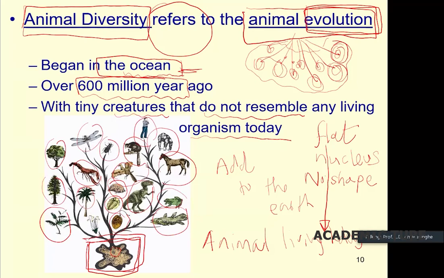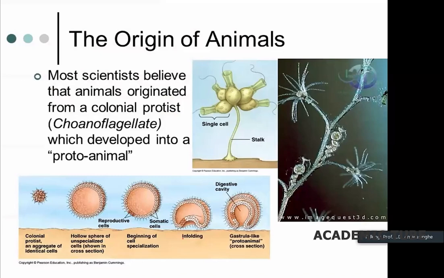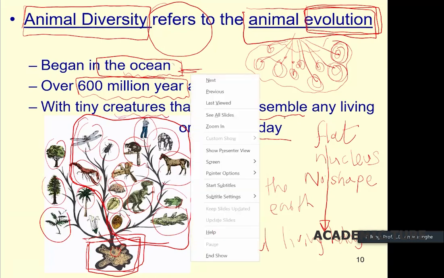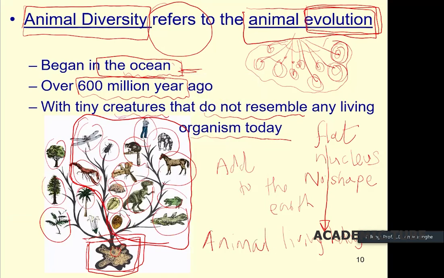Okay, this is how the evolution went. Animal evolution, part of the whole evolution, originated from the ocean 600 million years ago from a creature that does not resemble any living organism today, which included the ancestors of plants and animals living today.